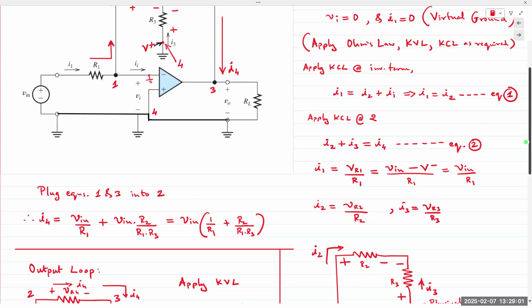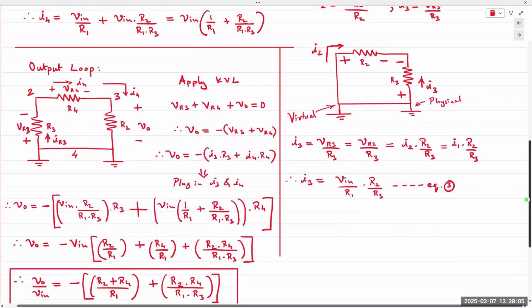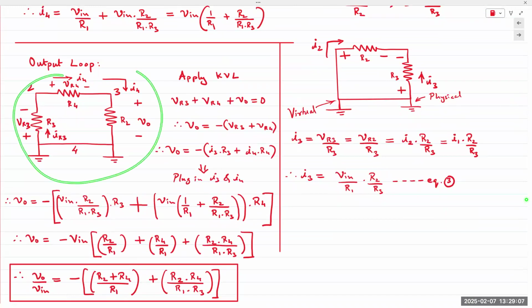So now we look at the output loop. On the output side, we have these three resistors, R3, R4, and RL, the load resistor. If you apply KVL, the sum of the voltages around the loop should give us 0. We take V out on one side of the expression. So we get minus VR3 plus VR4.